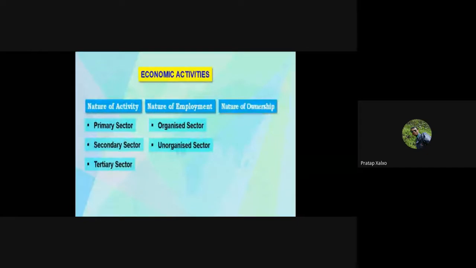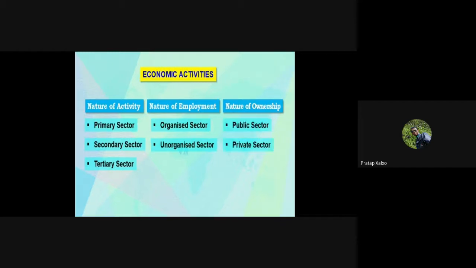Then it is nature of ownership. On the basis of nature of ownership, it can be public sector and private sector. When I say a sector, I refer to a group of activities.